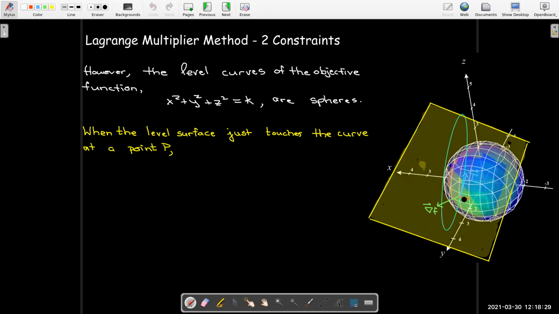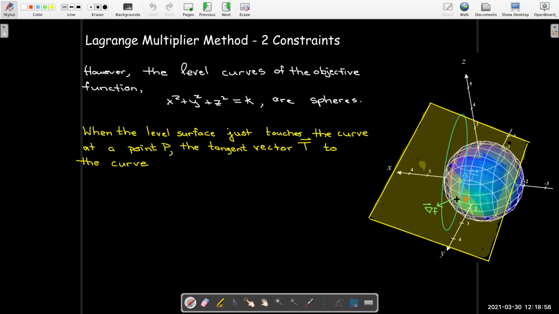Well, the surface just barely touches, it's tangent to it, meaning that the tangent plane to the sphere is going to contain the tangent vector to the curve.